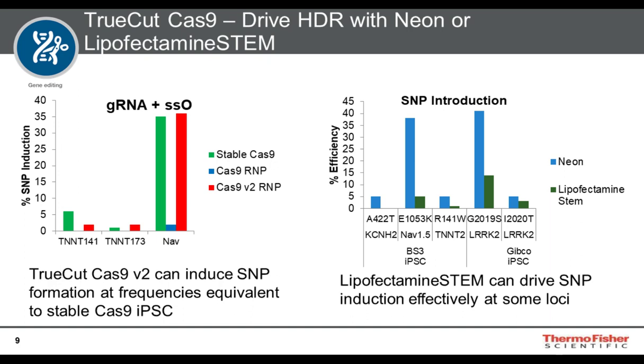When we compare these 5 different conditions here, looking at different genomic targets in 2 different iPSC lines, what you can generally appreciate is that the Neon is really the better system to achieve efficient genome editing, but at the same time, Lipofectamine Stem allows you, for 3 of those 5 targets, to still get fairly efficient genome editing, to the extent that you can still successfully isolate clones.